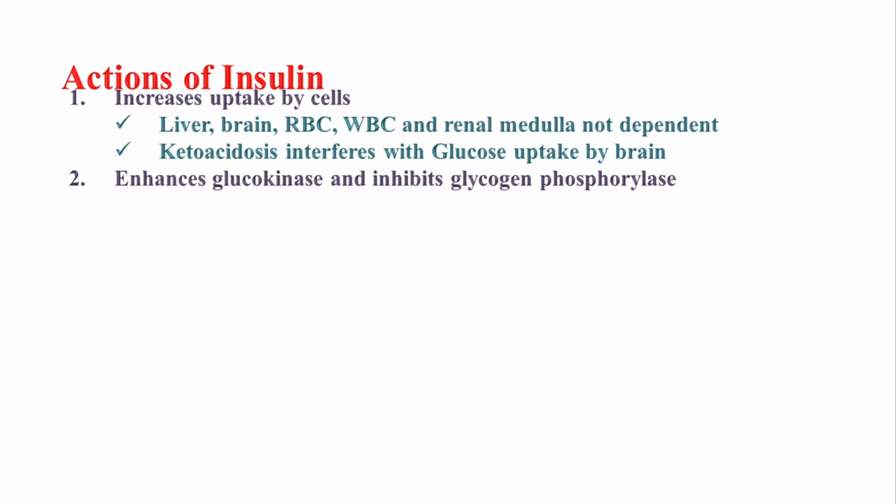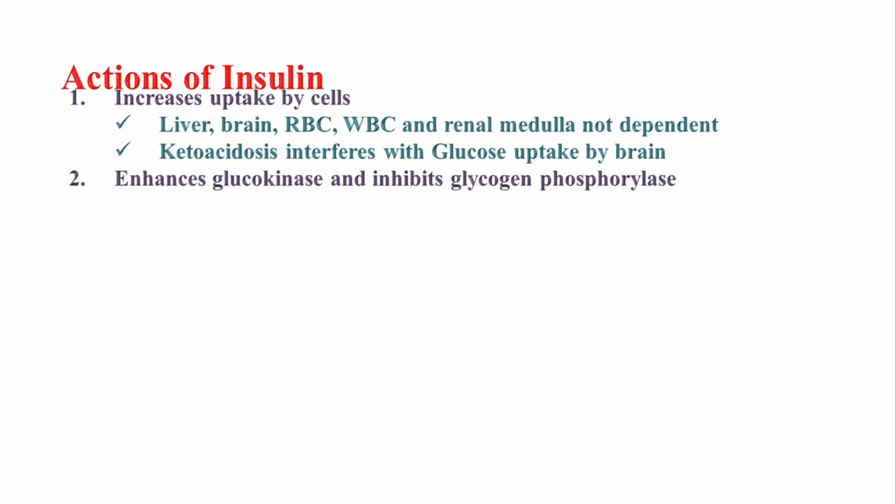Now since glucose is abundant, see, insulin will come only when glucose is abundant in the blood. Since glucose is already there, you don't require more glucose molecules, right? That's the reason why insulin will also inhibit glycogen phosphorylase enzyme, so that the preformed glycogen is no longer broken down. The cells will use glucose from the blood, not use glucose from glycogen stores.